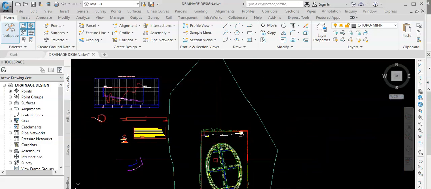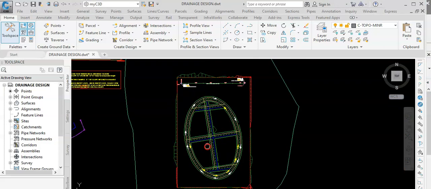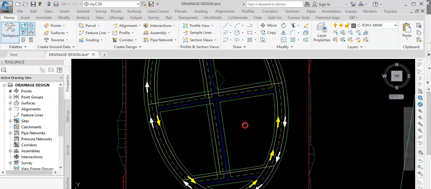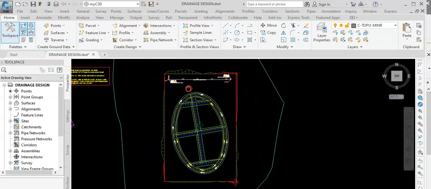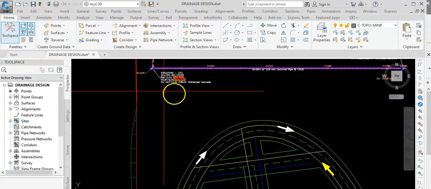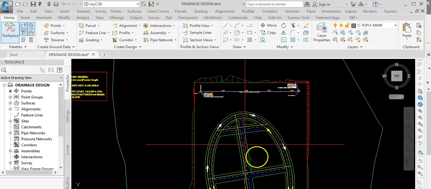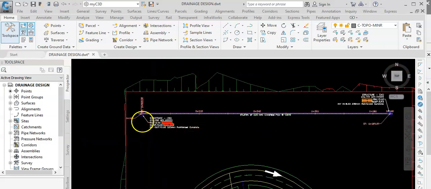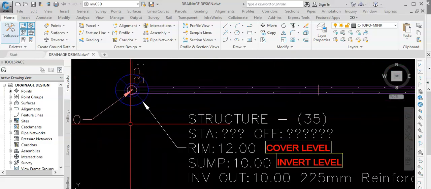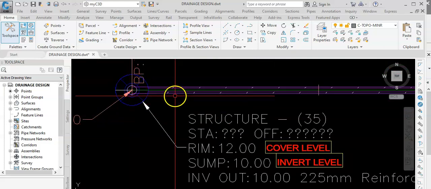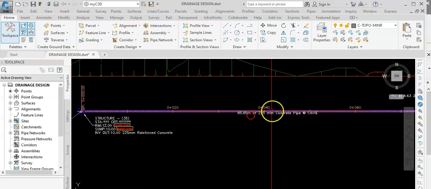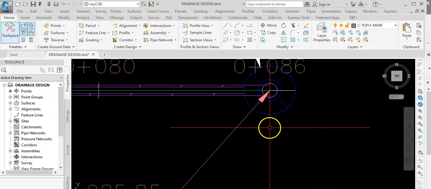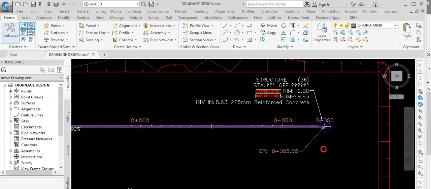This example here, we have a residential complex and a road that wraps around it, and we need to build the infrastructure around this residential complex. In this exercise we have one manhole here, pipe 225, and another manhole right at the end. This is only a small exercise.